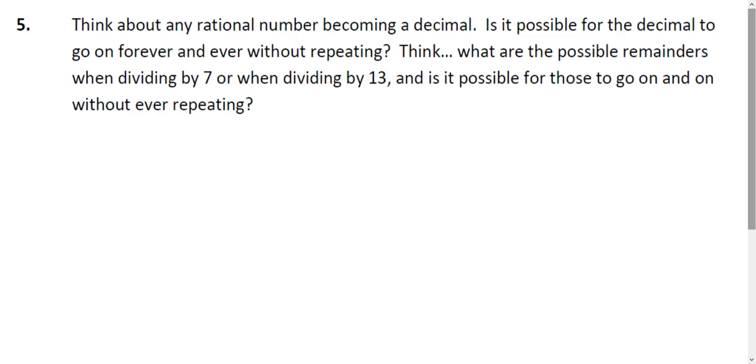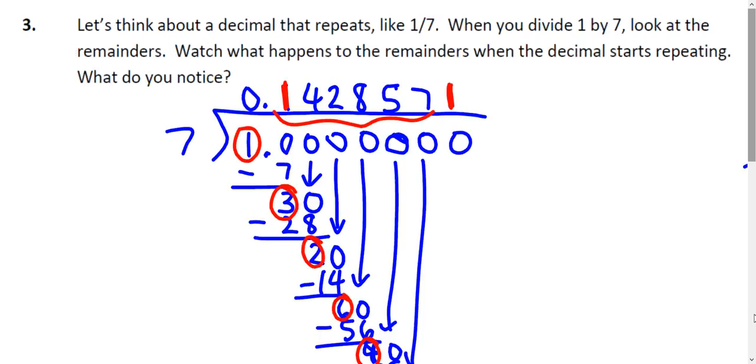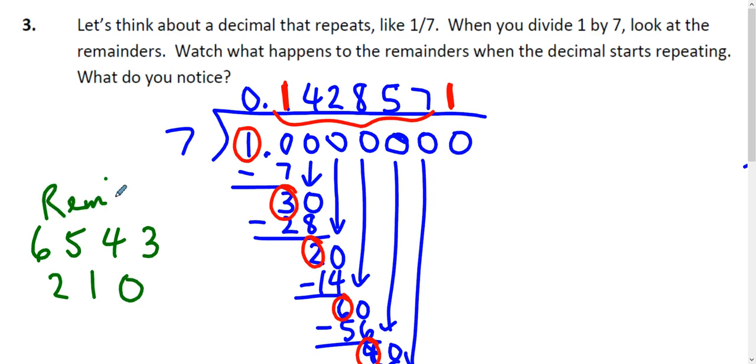And so then we asked, what are the possible remainders? So just thinking this through, because you're college students, so you can think this through. When you divide by 7, what are the possible remainders? You can get a remainder of 6, or 5, or 4, or 3, or 2, or 1, or 0. These are the possible remainders when you divide by 7.